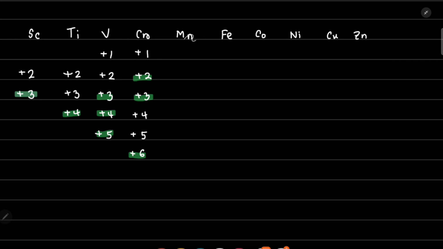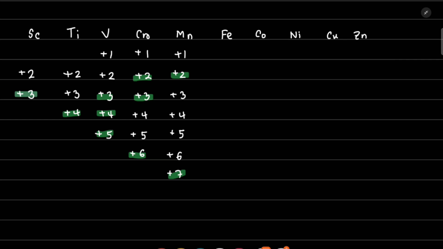Manganese can exist in plus 1, plus 2, plus 3, plus 4, plus 5, plus 6 and plus 7. Of them, 2 and 7 are stable. Manganese 4 is also quite stable.